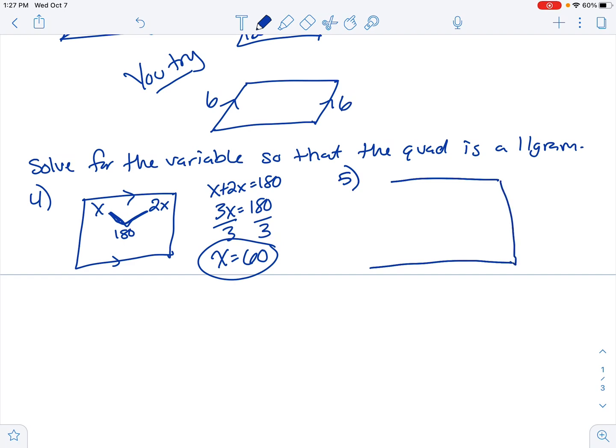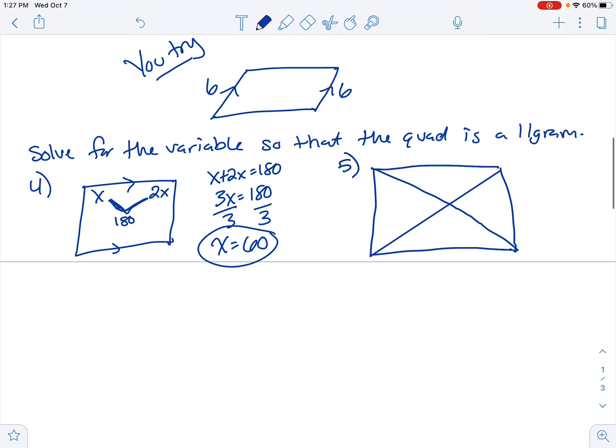Next one I'm going to make a little bit bigger, just to make sure we can see it. Okay, so this one we have 3y plus 4, 2y plus 22, 2x, and 12. So now we're looking at diagonals. What do we know about the diagonals if this is going to be a parallelogram?